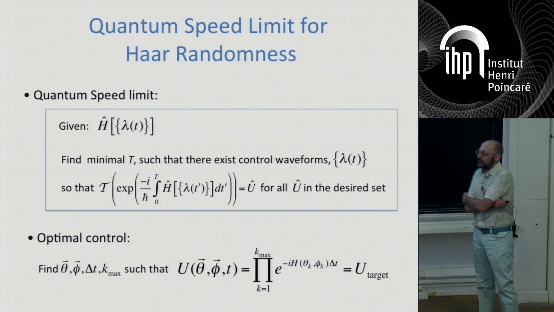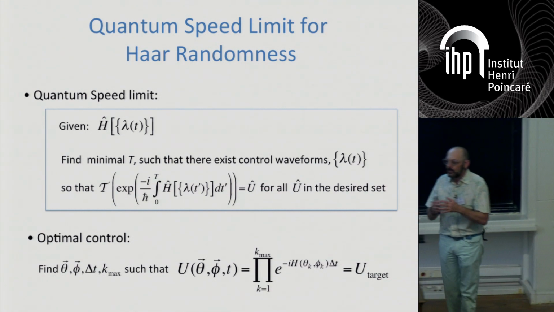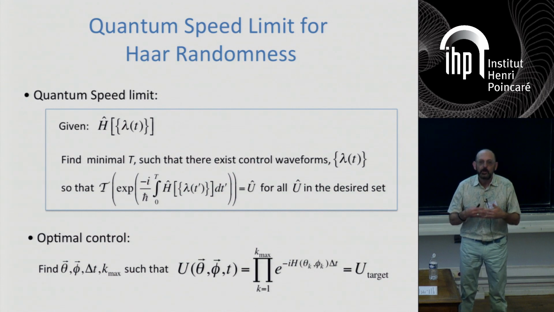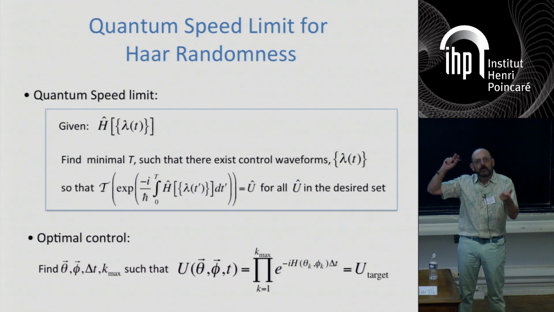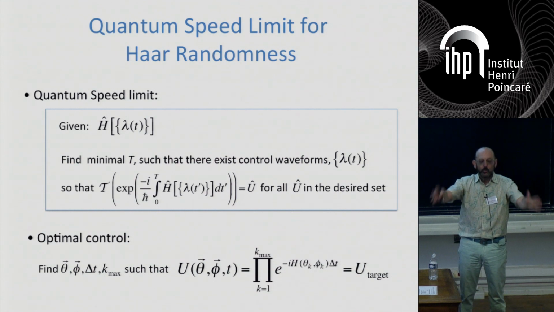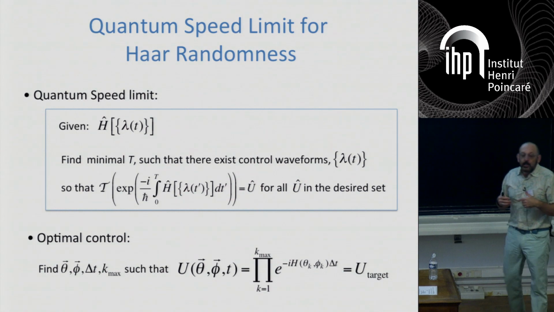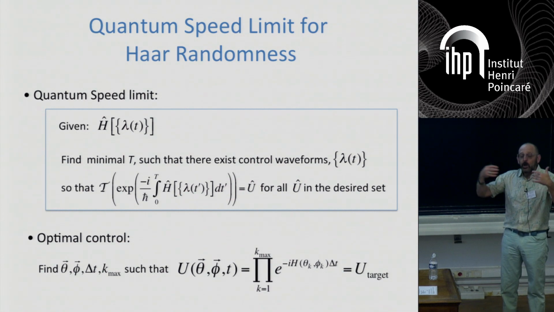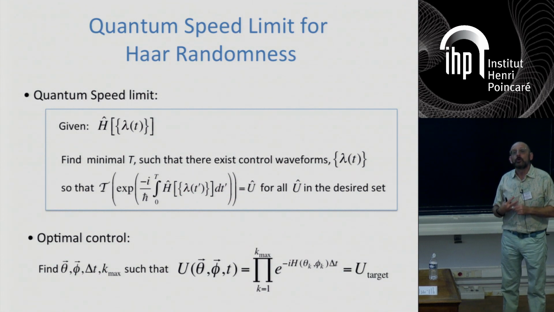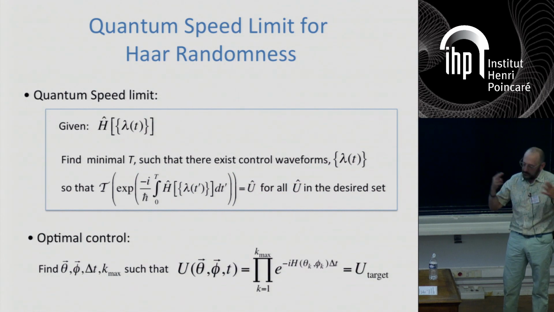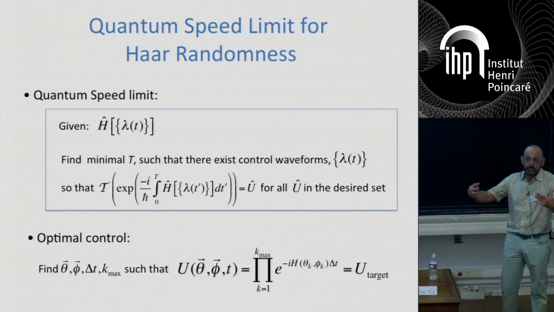What I just described to you was the optimal control problem, which said, I want to design the angles and phases to generate a particular target Haar-random unitary, okay? And it's well studied in the quantum control community that generally there is a quantum speed limit.